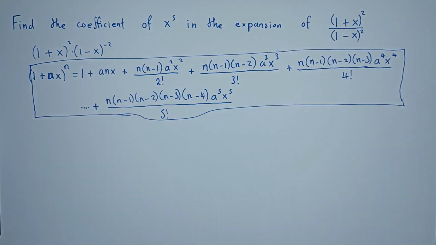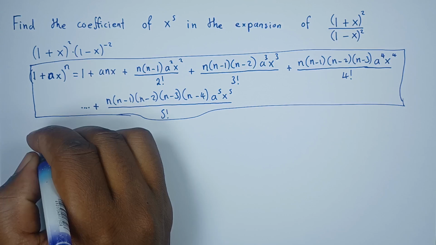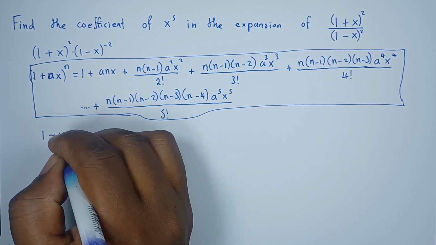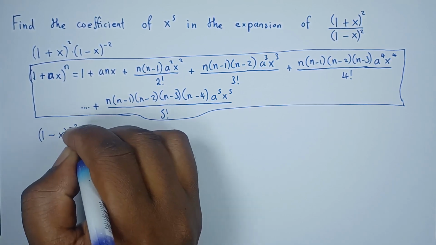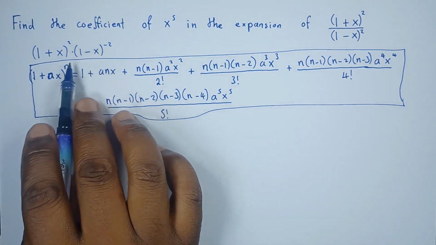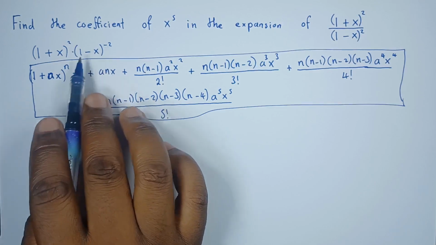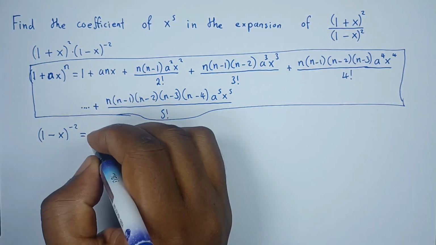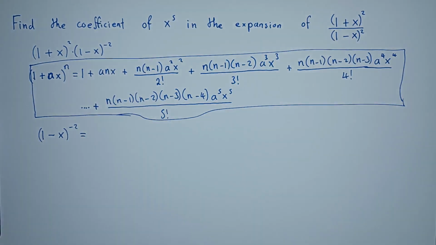So I'm starting with this one. We have (1 - x) raised to the power -2. Like I said, a is -1, n is -2. So let's expand.